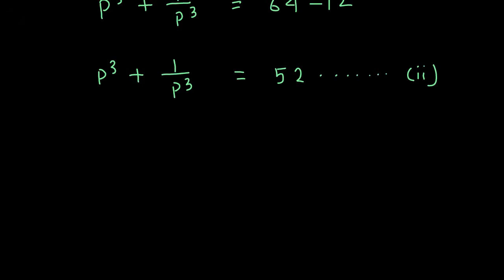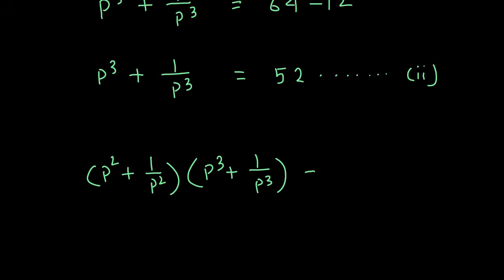So we have p square plus 1 by p square times p cube plus 1 by p cube equals 14 times 52.